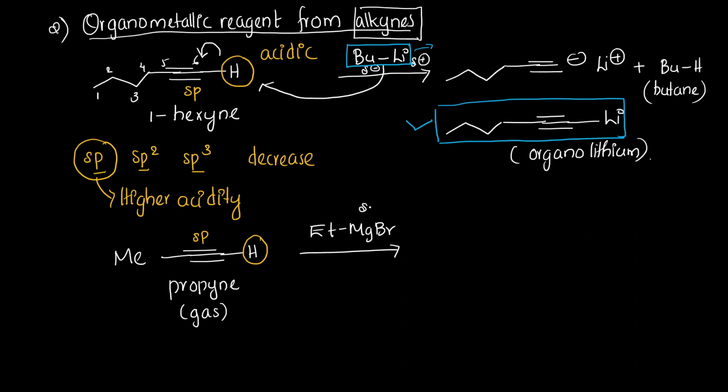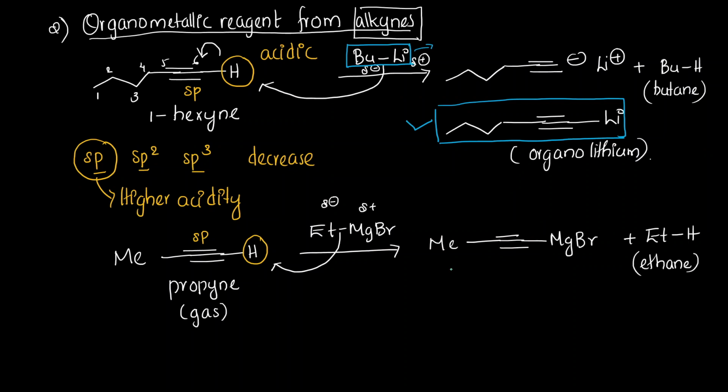You have a positive character in the magnesium and you have a negative character here. So this will take this hydrogen, right? And you will generate the corresponding Grignard reagent, plus you will generate the ethane. So this is the propynyl magnesium bromide.